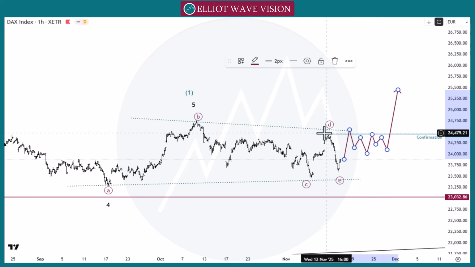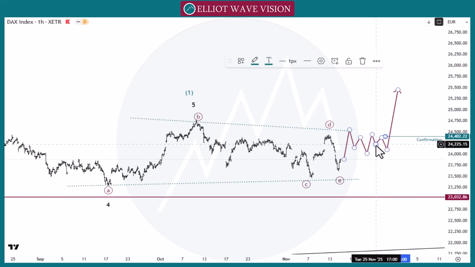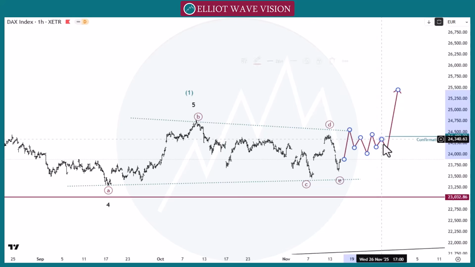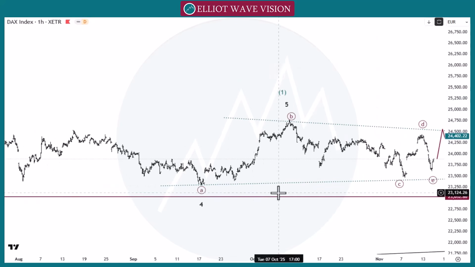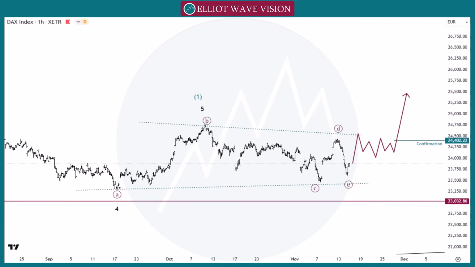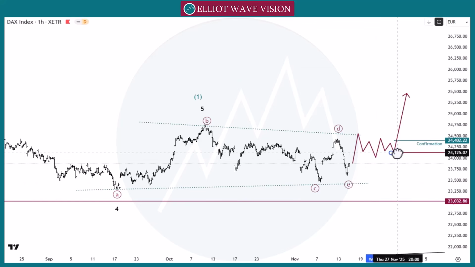Then we will shift our entry point from this point to this point, and we will go with the stop loss starting with the end of this pattern and then shift at this point. So let's go towards the FTSE UK.